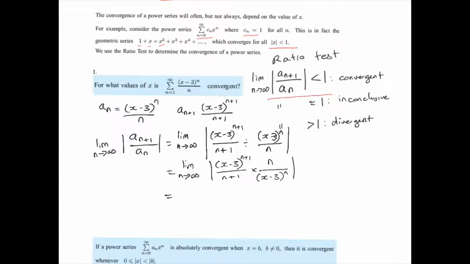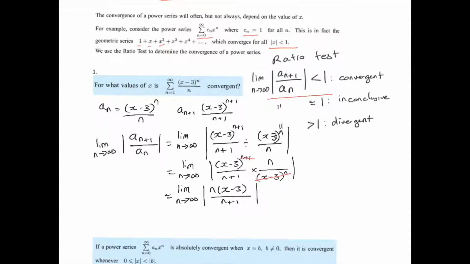You get rid of the (x minus 3) to the n on the bottom, and that becomes the limit as n approaches infinity of n times (x minus 3) over n plus 1.